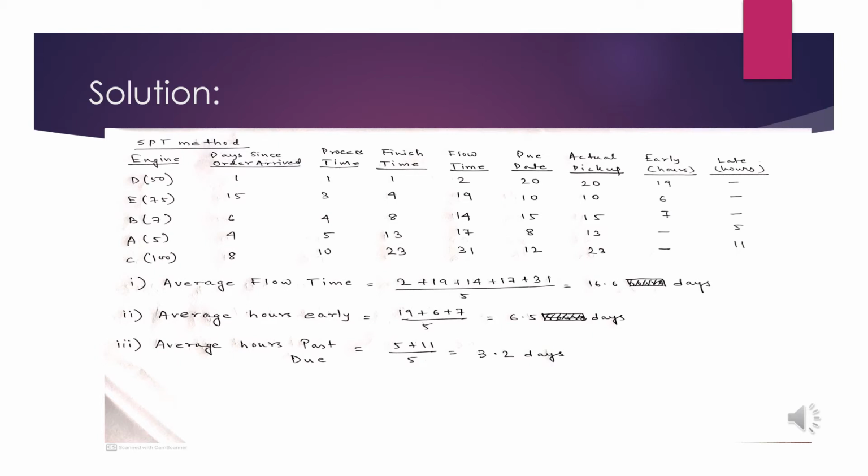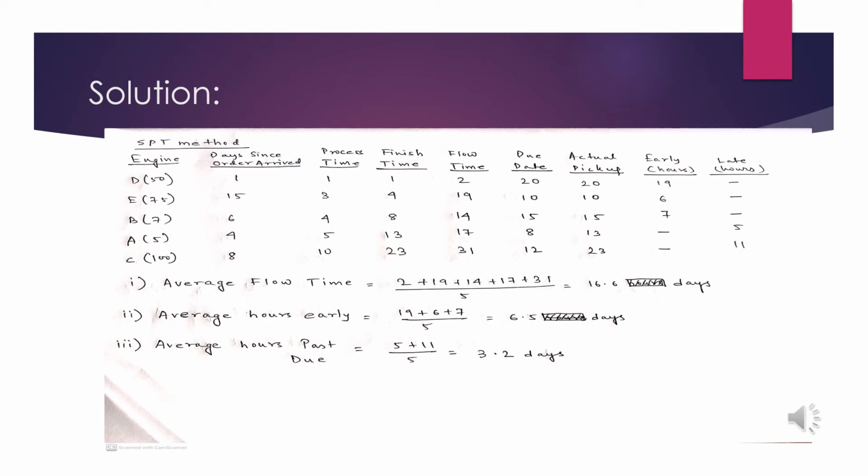If we now go back to the due dates which were originally given, the due date for D was 20, E 10, B 15, A 8 and C 12.